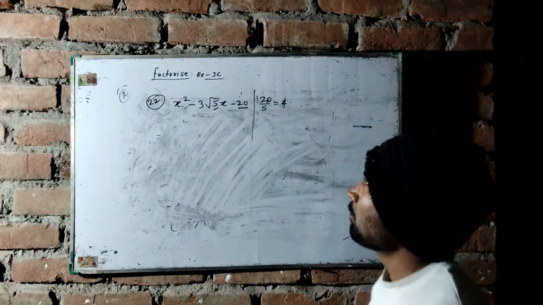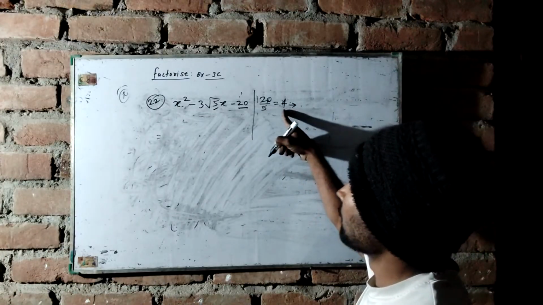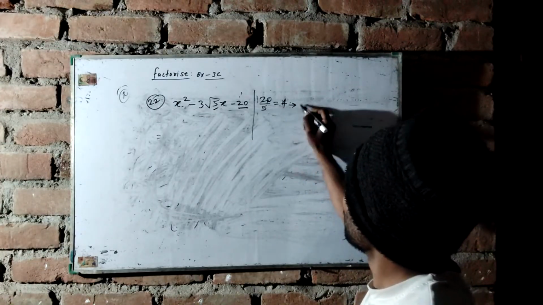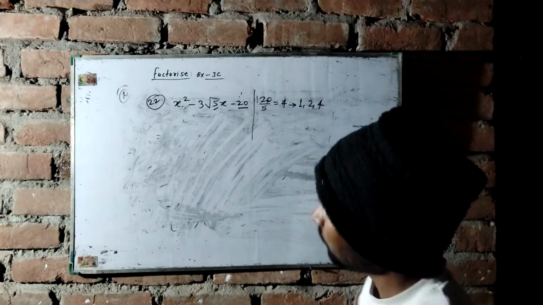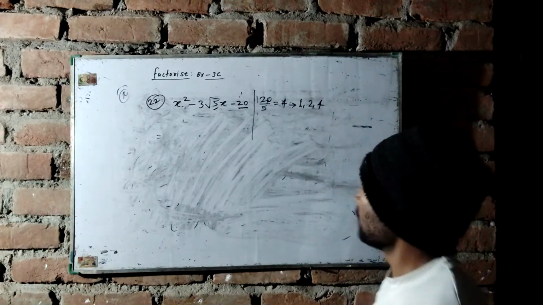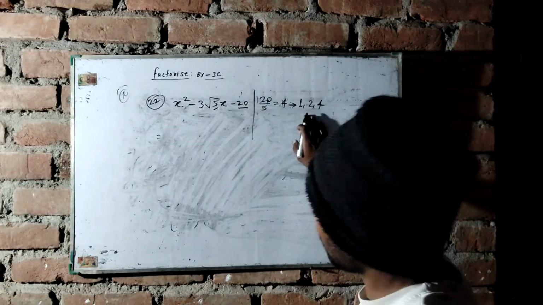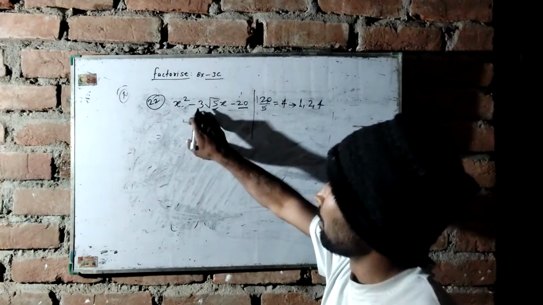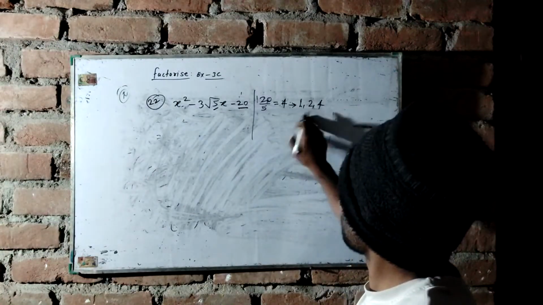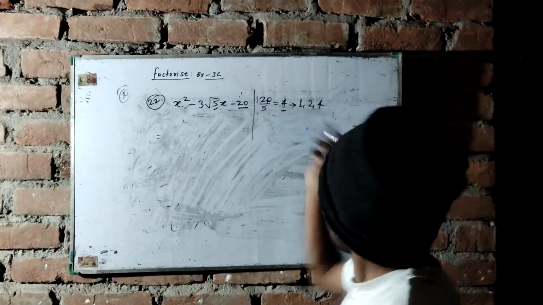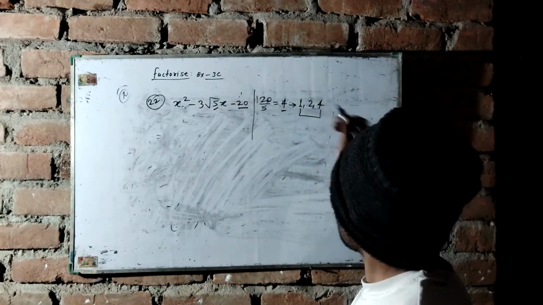Now we have to find all factors of this number. So all factors of this number will be 1, 2 and 4. Now we have to choose two numbers from here whose difference or sum will be minus 3 and their product will be 4. So we consider two numbers 1 and 4.